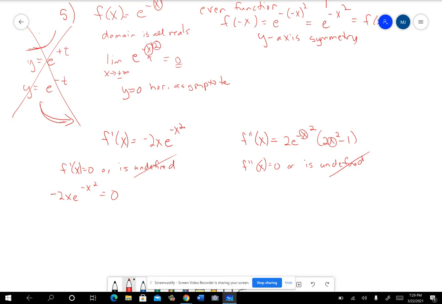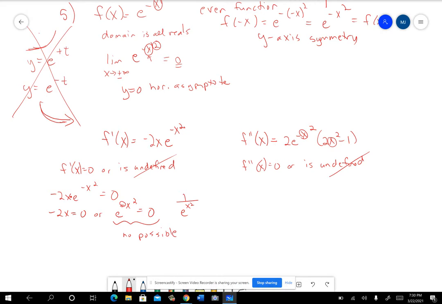You can think about this as being a product. So we know it's going to be 0 when that's 0, or if it's possible to make this 0. But this is not possible, because e to a negative number doesn't wind up overall becoming negative. That negative exponent really just means 1 over e to the x squared.